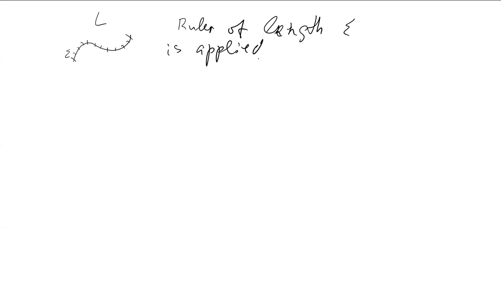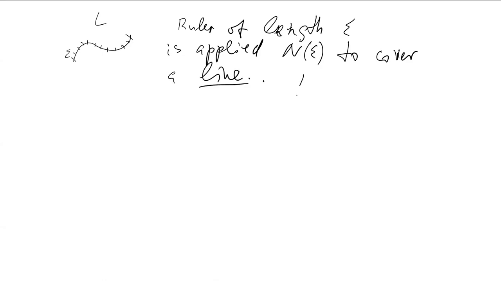So the ruler has length epsilon, say, and the ruler of length epsilon is applied n times, so it depends on size, to cover a line.